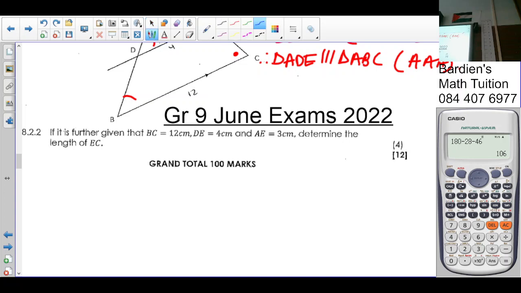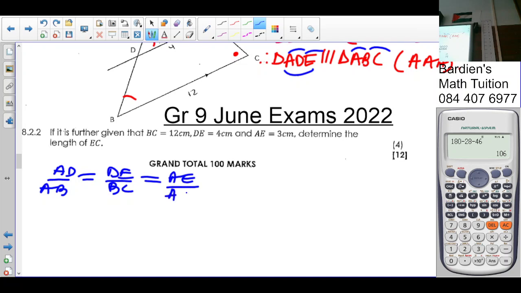So we say that AD over AB equals DE over BC equals AE over AC. Why? Because the sides are in proportion. Or you can say triangle ADE is similar to triangle ABC.